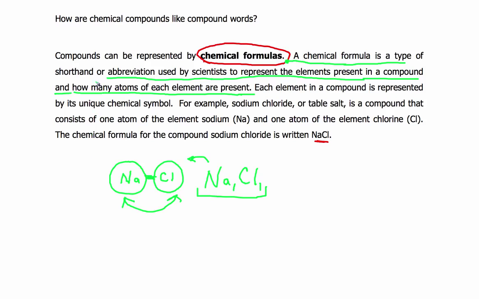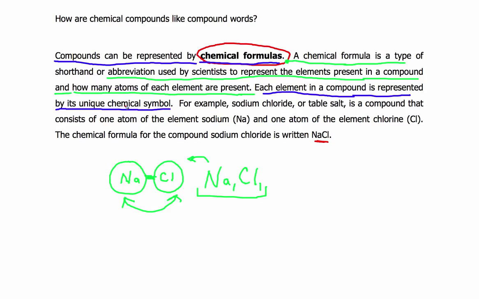All right, you do need to grab your blue marking pencil because there are a couple of main ideas here that I want to make sure we get underlined. So right here, compounds can be represented by what? By chemical formulas. All right? And then down here, each element in a compound is represented by its chemical symbol. You remember the chemical symbol is the name.